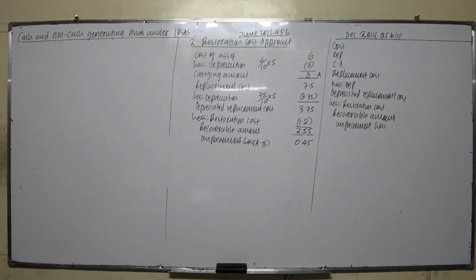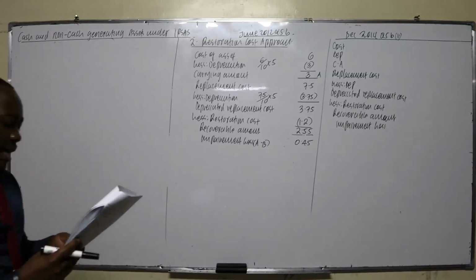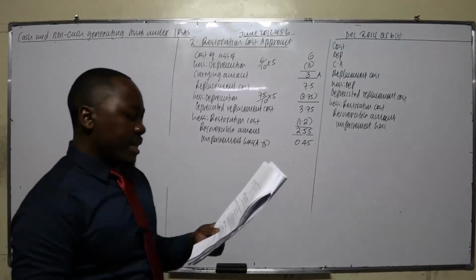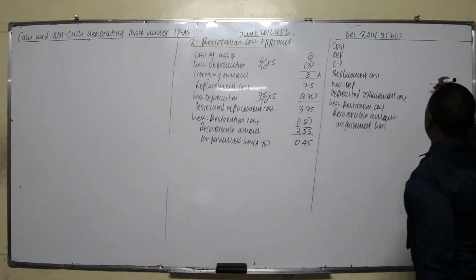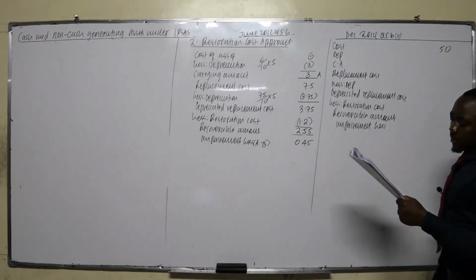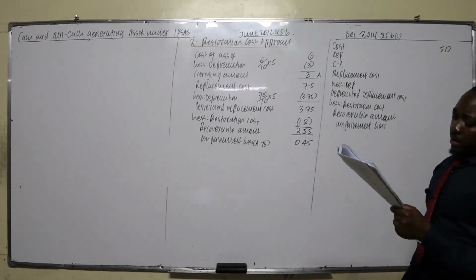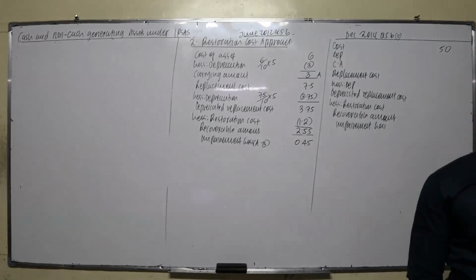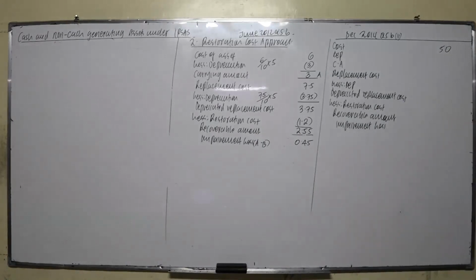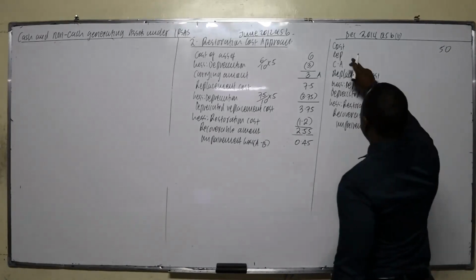Part 2, I am told that on 1st of January 2004, the government built an office at a cost of 50 million. So the cost of the office was 50 million. The building was expected to provide service for 40 years. On 1st December 2013, after 10 years of use, first of all we have depreciation.